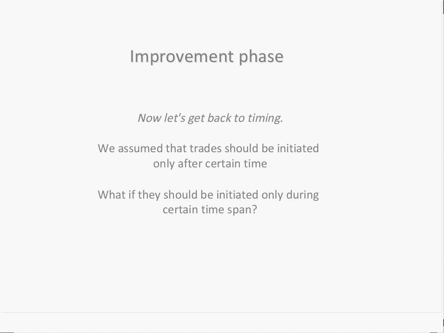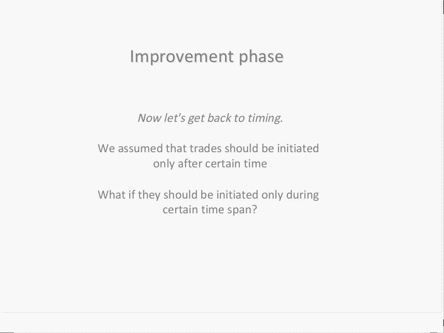Okay, we did some research on the RSI threshold. We tried to filter out random trades, let's call them this way. Now, let's do a quick research on timing. Initially, we assumed that trades should be initiated only after a certain time.